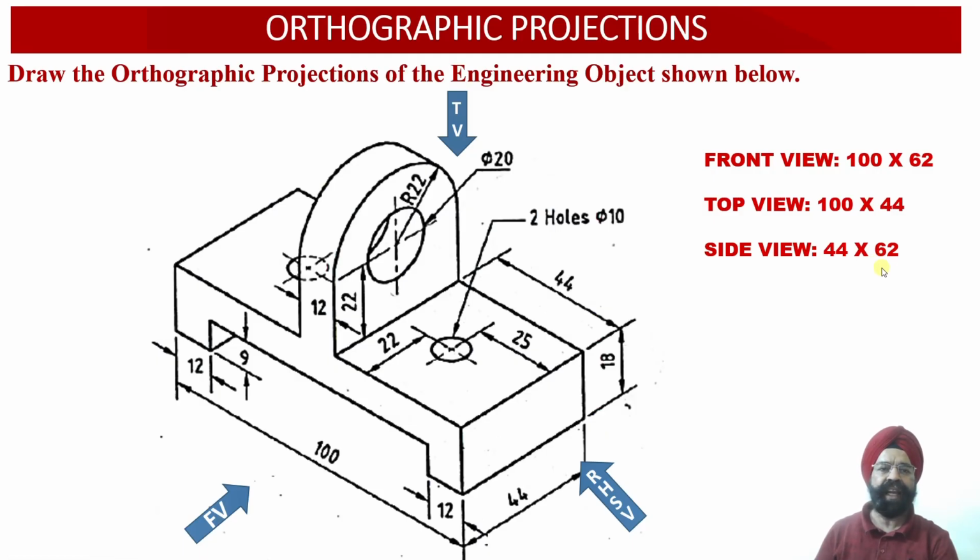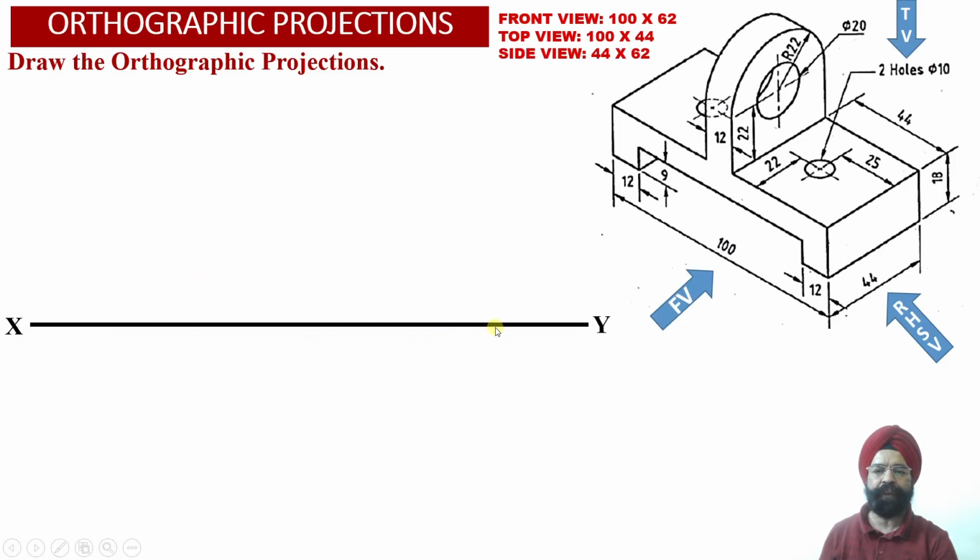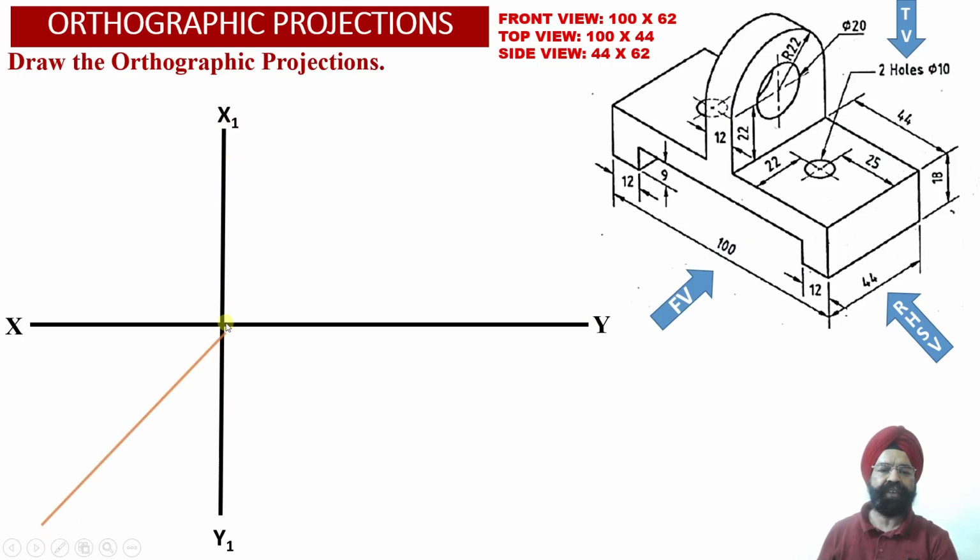Let us proceed to evaluate the construction of orthographic projections of this engineering object. Here we have drawn the XY reference line, the X1 Y1 reference line, and we have also obtained a transfer line originating from the intersection of the XY reference line and the X1 Y1 reference line.